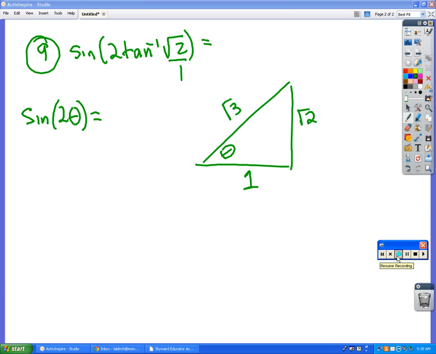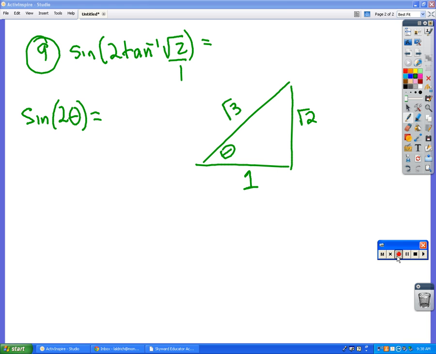Because of this 2 here, right? We need to use a double angle identity.